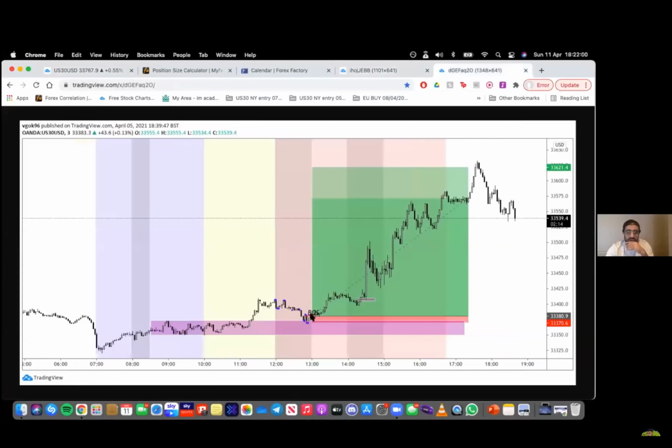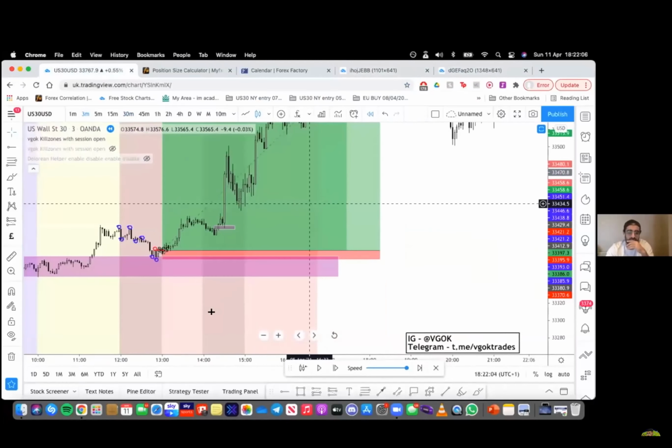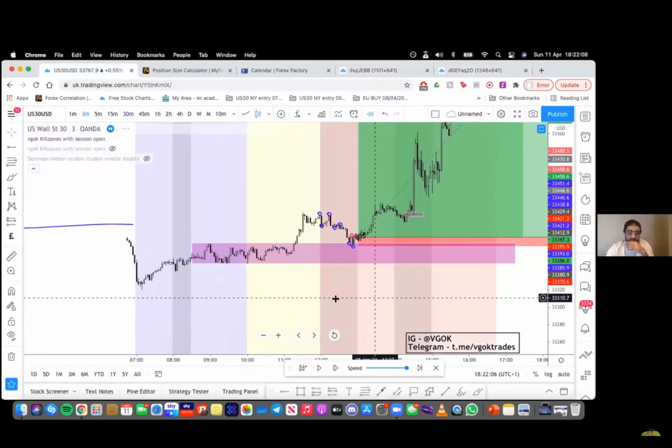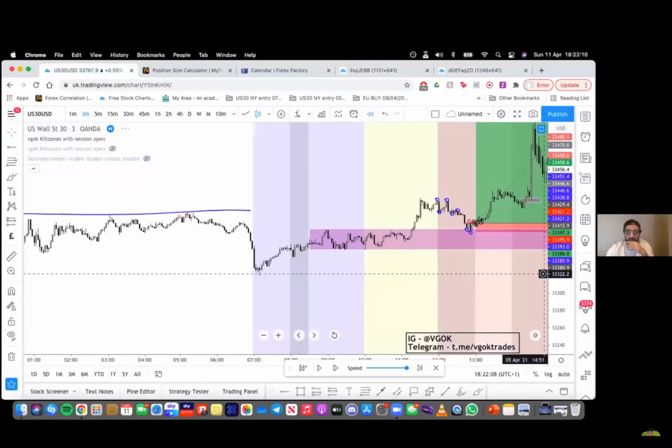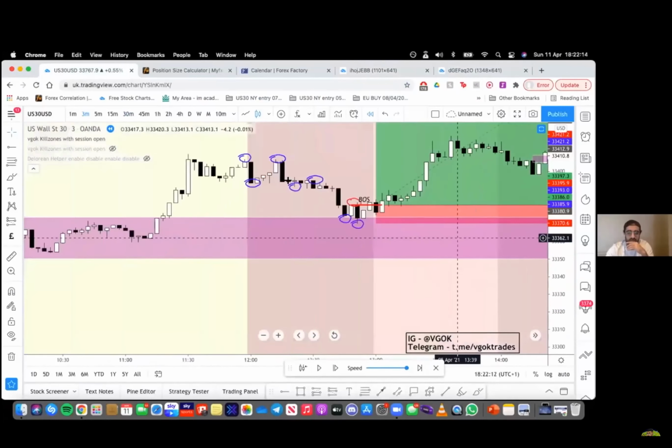After the screenshot again, you can see how it played out, and I think my actual entry was based on a 3-minute entry. So what we can see in this scenario here, as I zoom in, there you can see the lower highs and lower lows that I've marked out. You can see this last sell candle on the 3-minute time frame as it touched into the main point of interest from before.